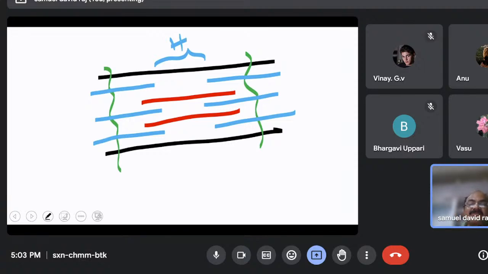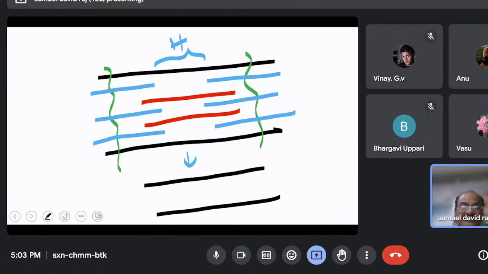During the continuous operation of the power stroke and recovery stroke, the length of the I band decreases. Why?